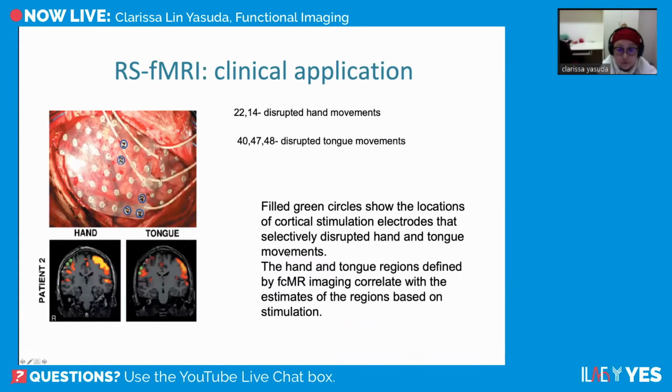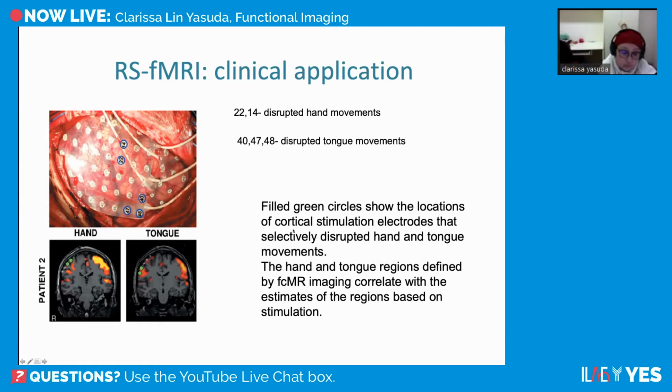And this is a very nice study because they had the surgery and they had the electrodes here, and when they stimulated these two, they had problems with the hands, and with the other ones, they had problems with the tongue movements.